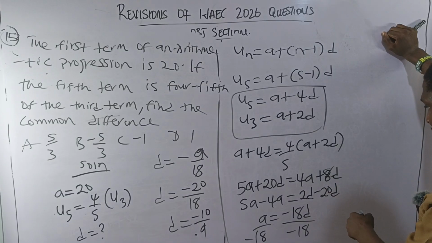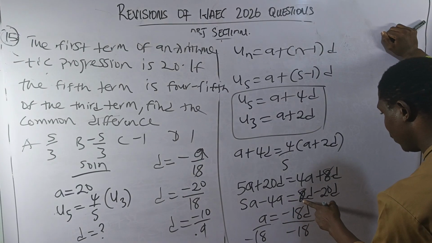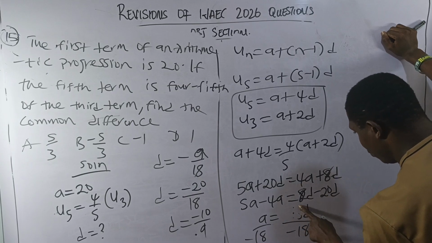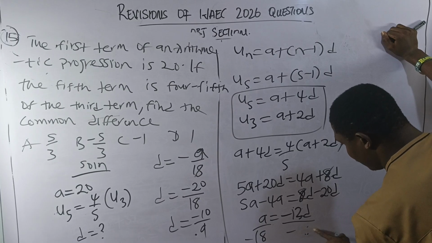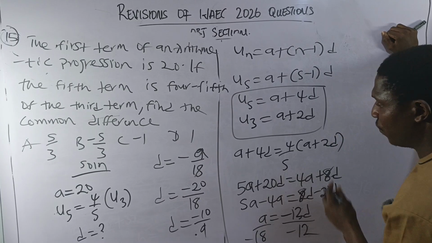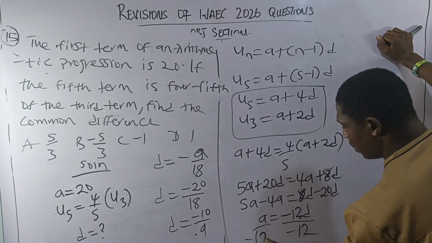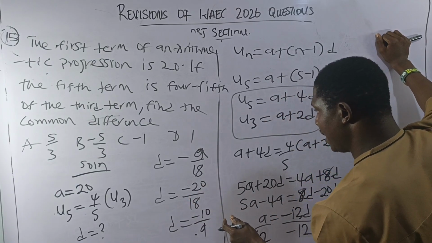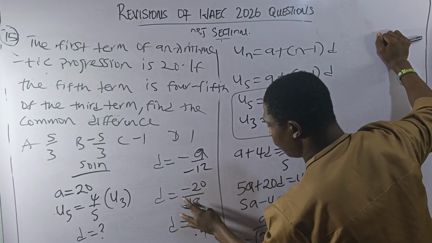So here is my 2, so here is 8. So 8 minus 20 will give me minus 12. And here should be minus 12. So I'm dividing through by minus 12.